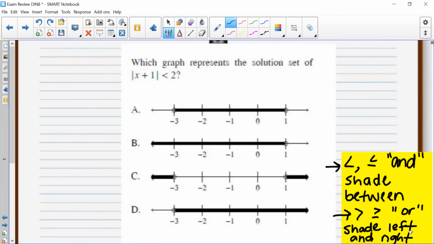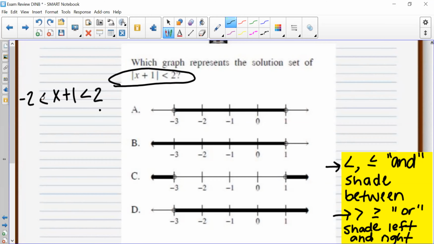So when we go to split this one up, we again isolate the absolute value first, which is already done for us. And so when we split into two for this one, when we did less thans, we wrote our answer a lot of times like this, where we have x plus 1 less than 2. We would actually take the -2 and write it as a compound inequality that looked like this.